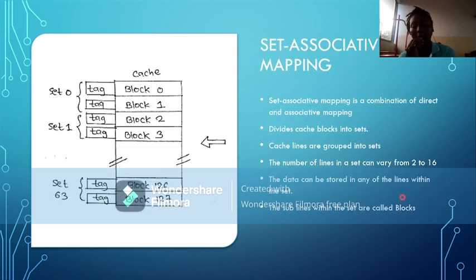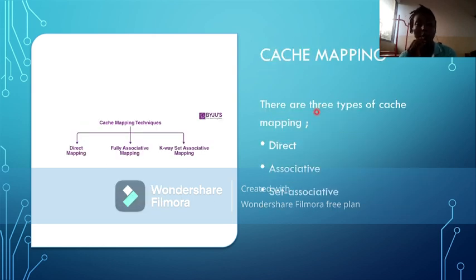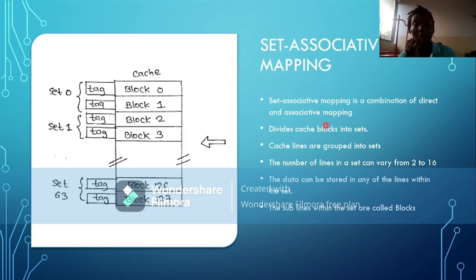Set associative mapping is one of the three types of cache mapping, and it is a combination of both direct and associative mapping. It divides cache blocks into sets, and cache lines are grouped into sets. The number of lines in the set can vary from 2 to 16.